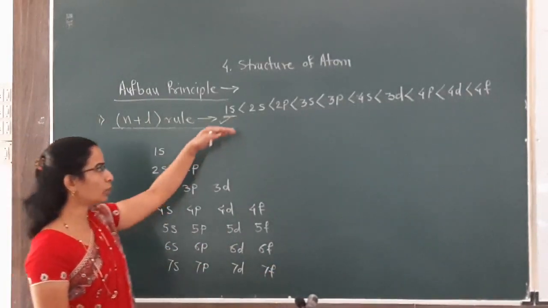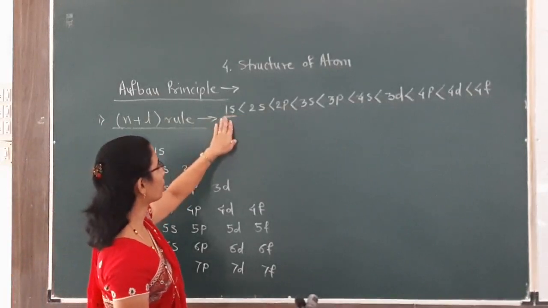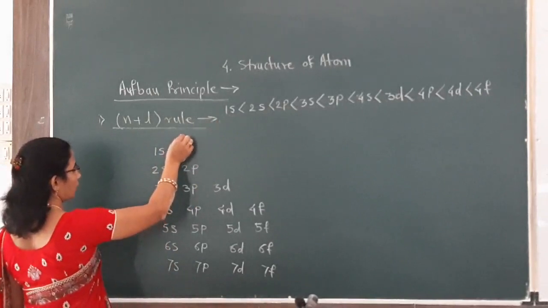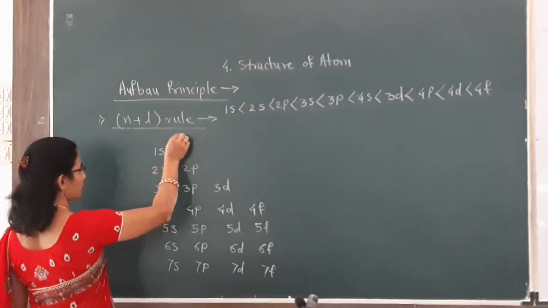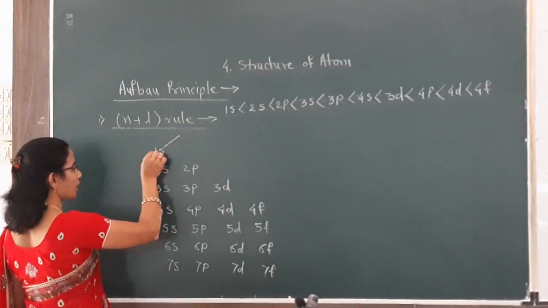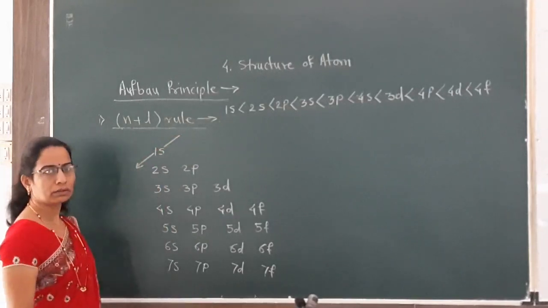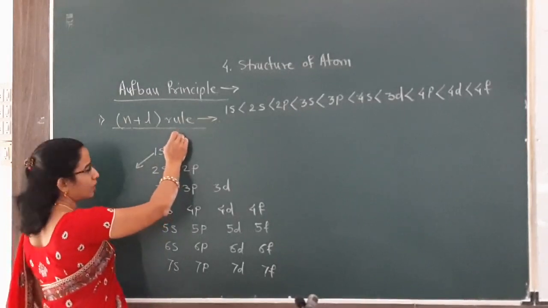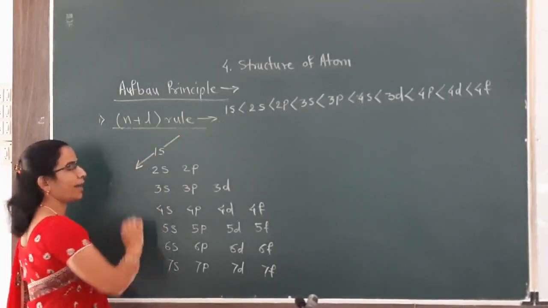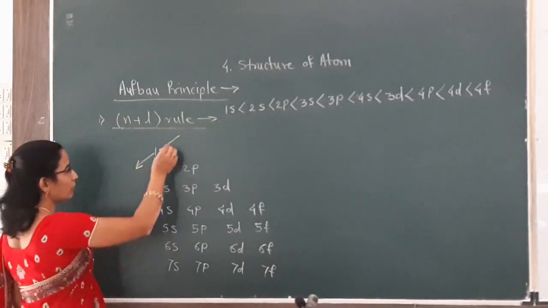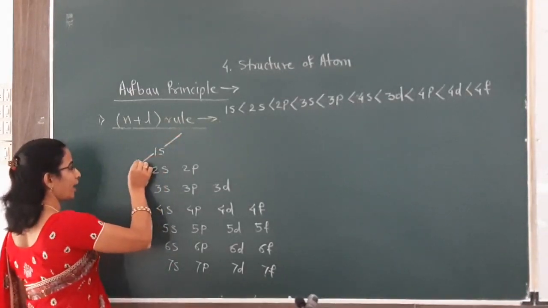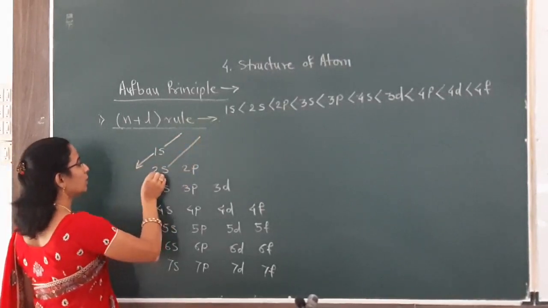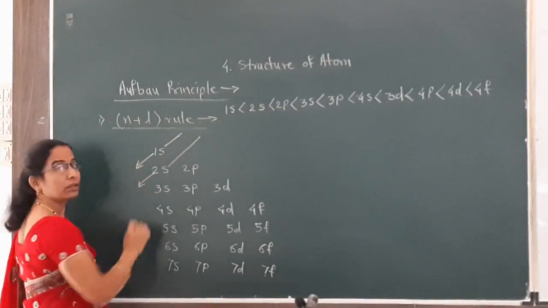Now, in order to write this increasing order of the orbitals, I will show how it is written. Start with the first shell, that is the first orbital. Make an arrow: this is the tail of this arrow and this one is the head. When we reach the head of this arrow, then go towards the tail of the second arrow.